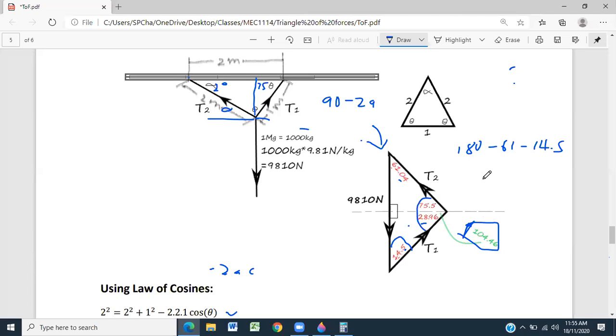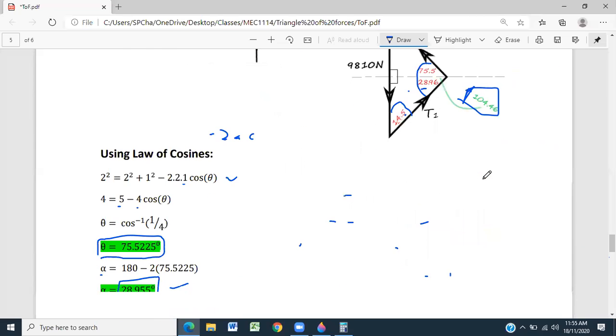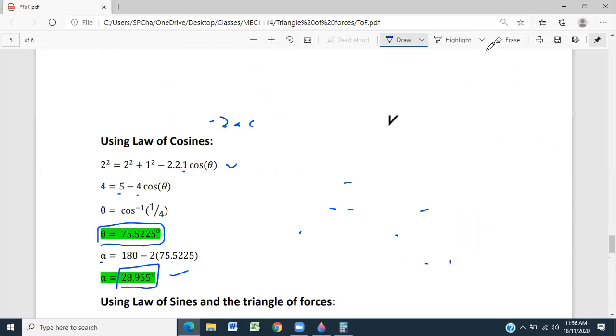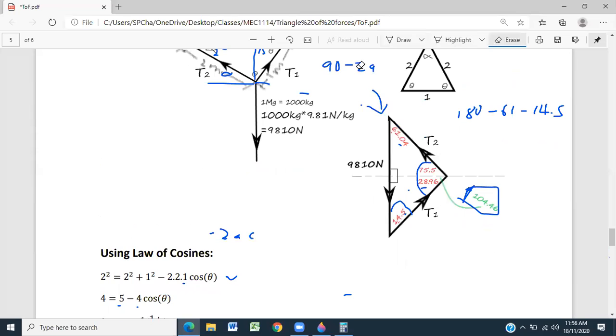Okay. Now we used the law of cosines already. Now we're using law of sines. Make some space. Okay.